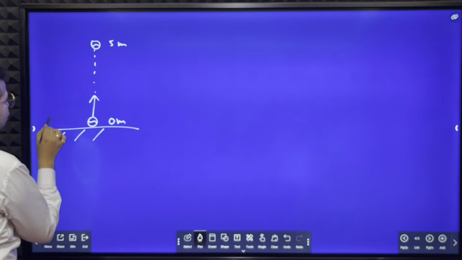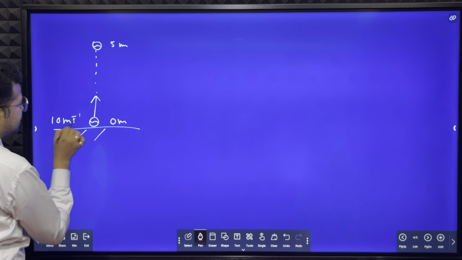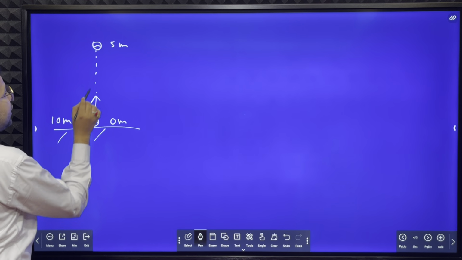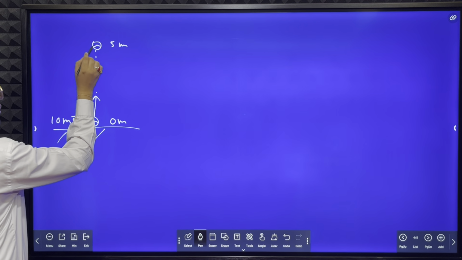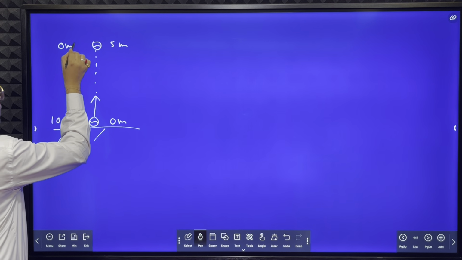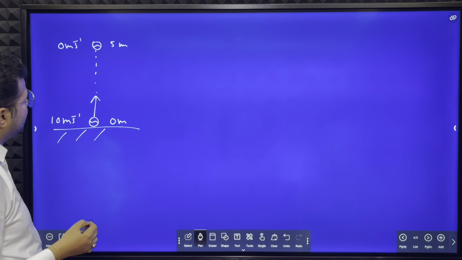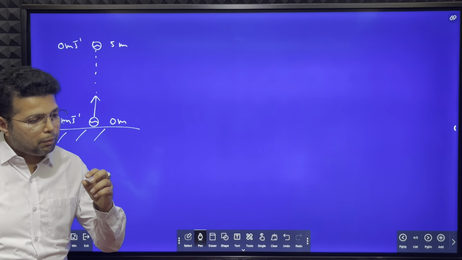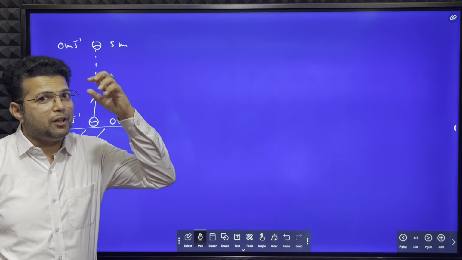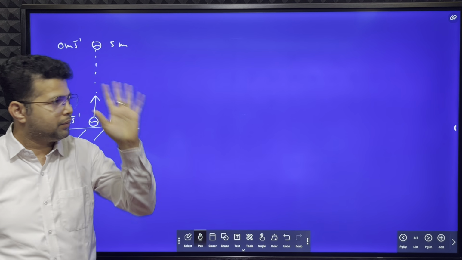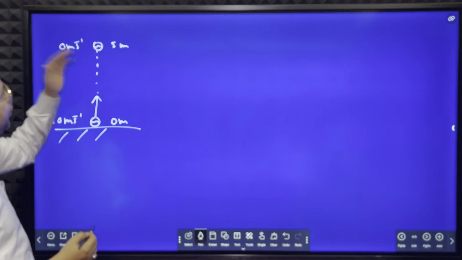The ball is thrown up with a velocity of 10 meter per second. When the ball reaches the topmost point, the velocity becomes 0 meter per second. As the ball goes up, its speed decreases, and ultimately it stops; velocity becomes 0.